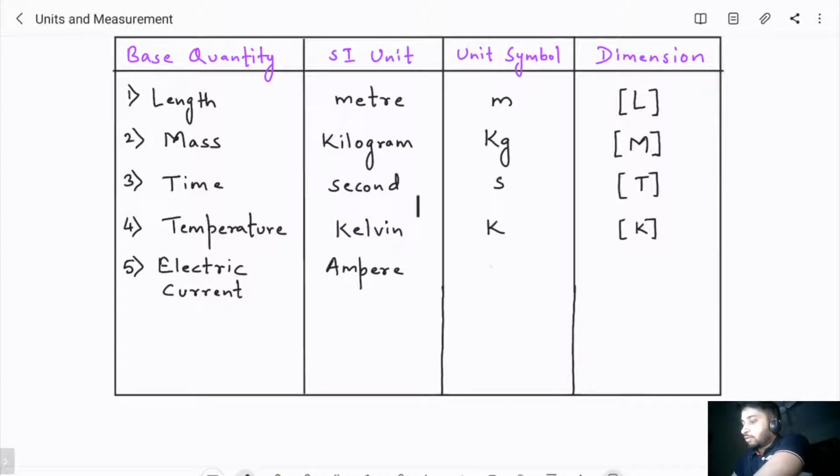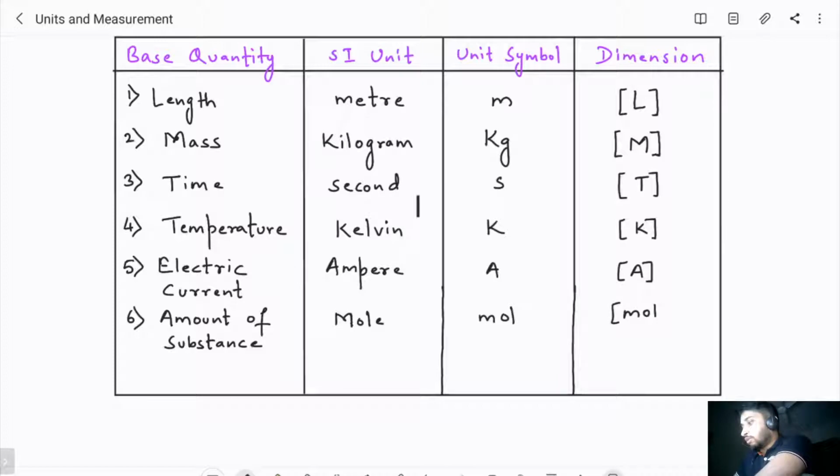Symbol is capital A, and the dimensional formula is capital A itself. Sixth one we have amount of substance. SI unit is mole. Unit symbol is mol, and the dimensional formula or the representation is also mol.